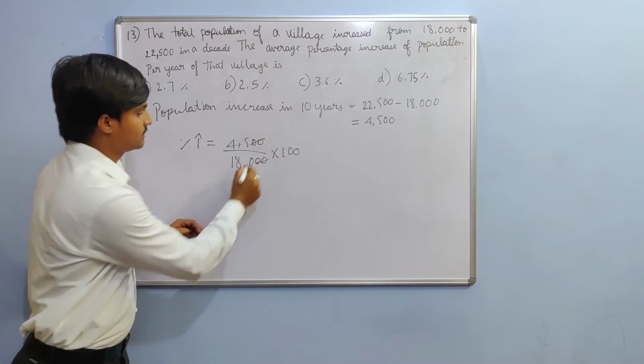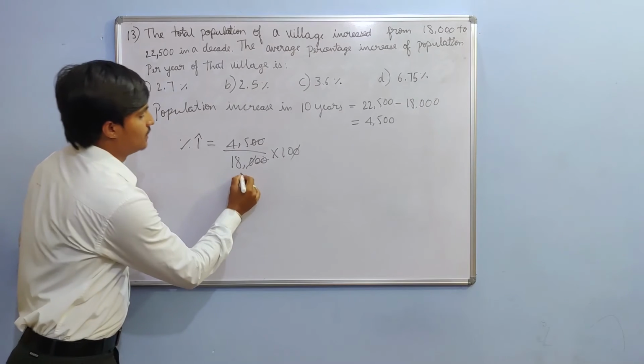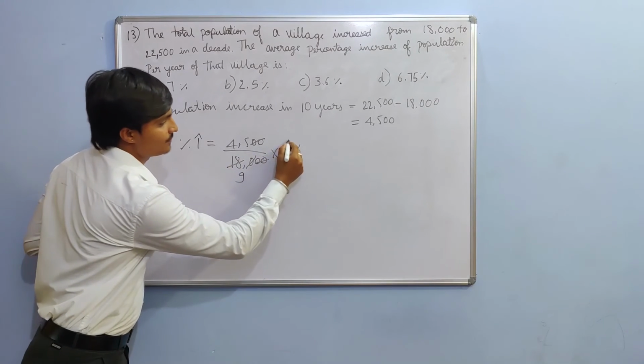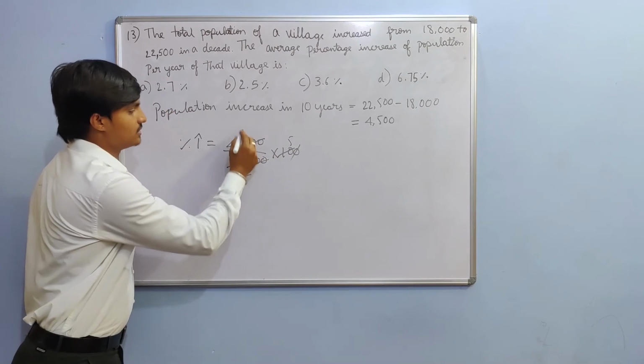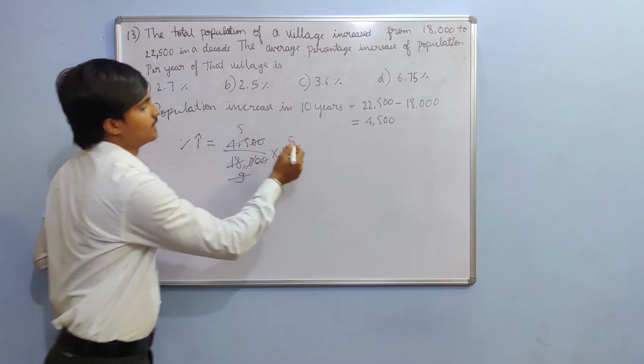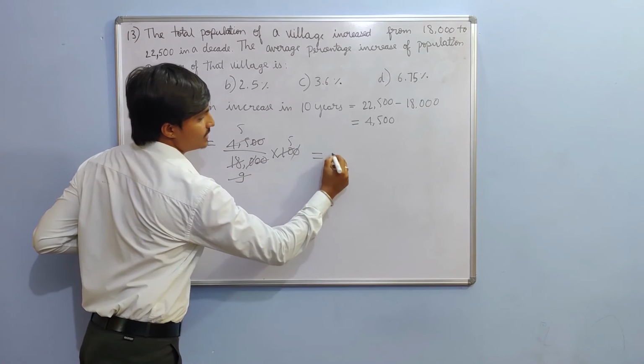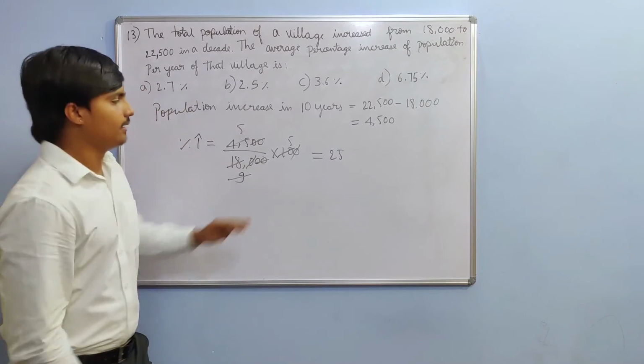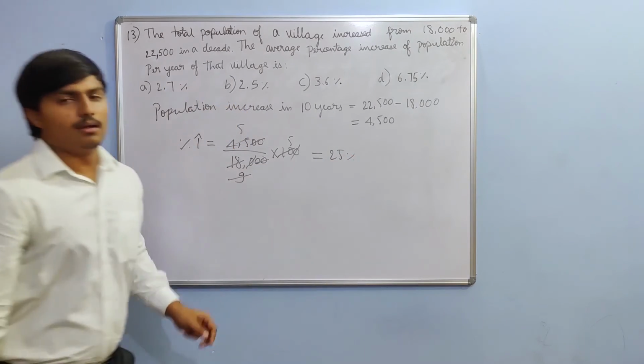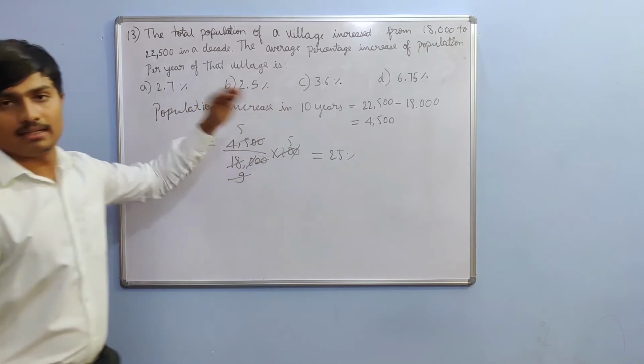This cancels, and 2 9s are 18, 2 5s are 10, 9 1s are 9, 9 5s are 45. Finally 5, which is equal to 25%. This is for 10 years.